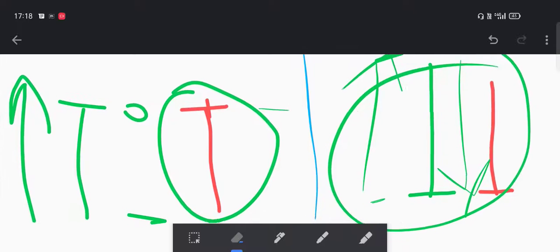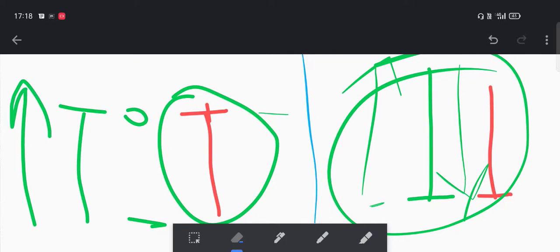This is the first type of doji candle. Let me show another type of doji candle.